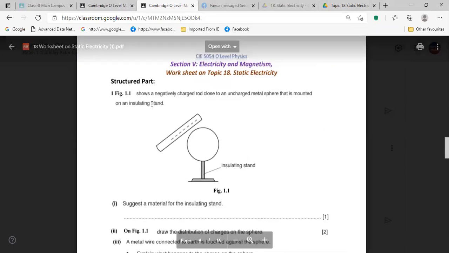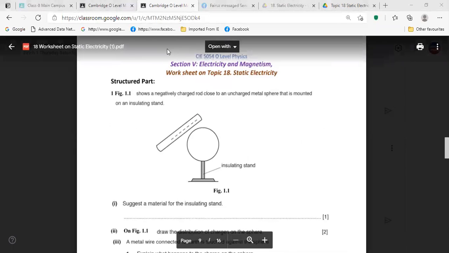We had the sphere positively charged, right? If it is earthed, then positive charge remains on it, right? I'm showing only these positive charges. So if it is earthed, the condition is like that.